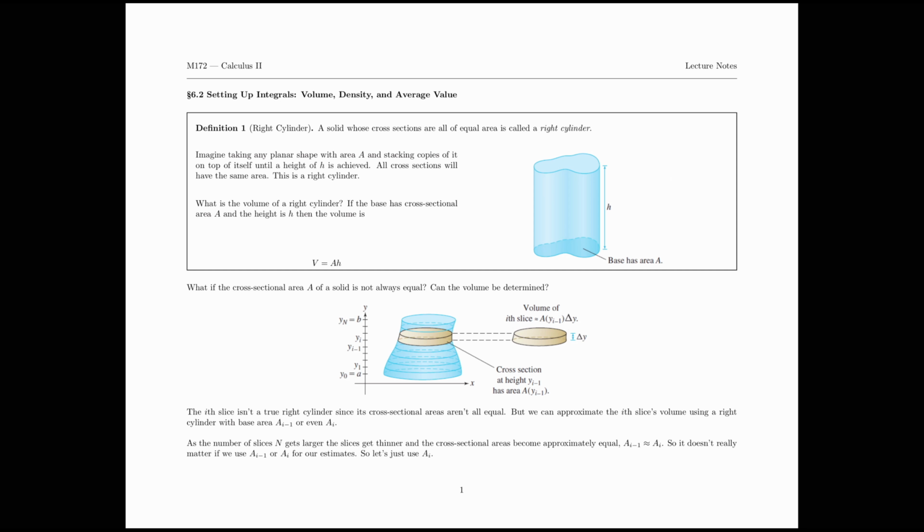But what we can do is just assume that if we have lots and lots of these, so let's say n was a billion. If I subdivided this up into a billion little slabs, then sure, the area up here is going to be different in general than this cross-sectional area here. But if we have a billion little slabs, then this distance is really small.